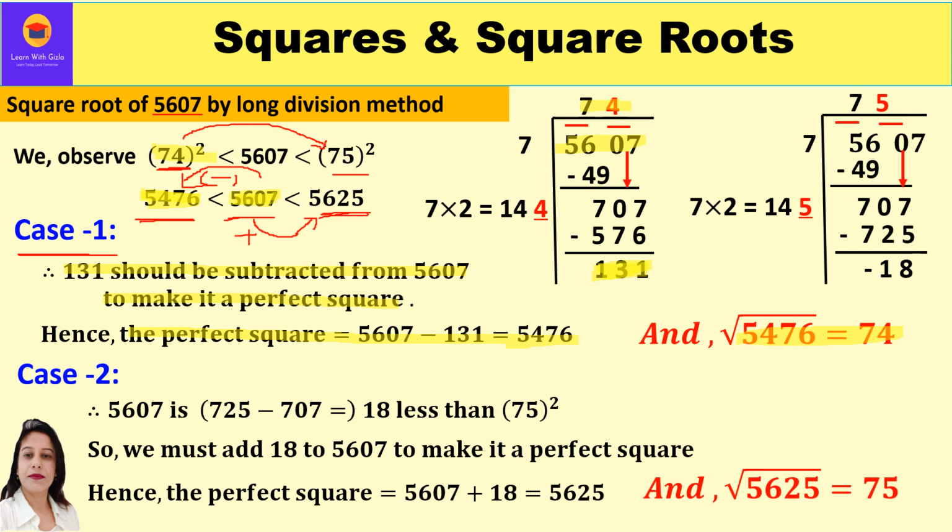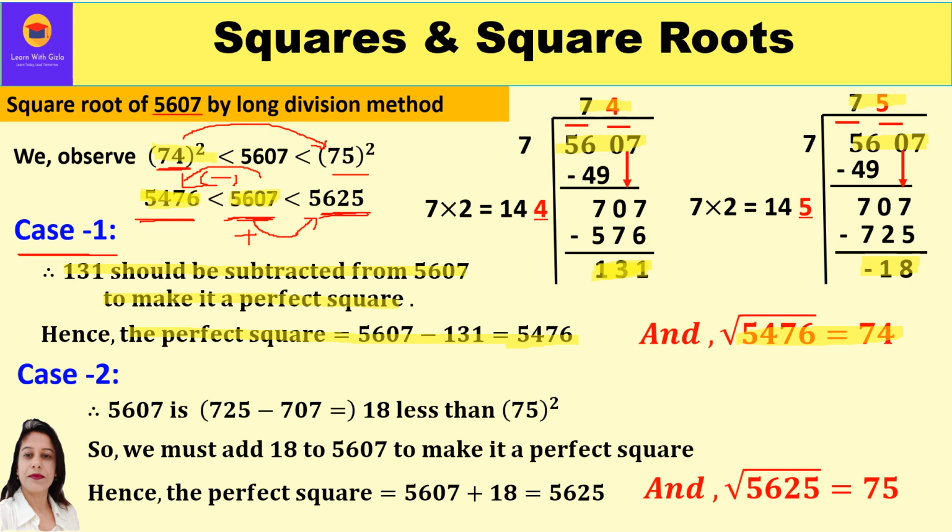That means to get 5625, we have to add something to 5607. Now what is that something that we should add? How much extra do we require? For that we will again do the long division process. But over here, instead of 74, we will take 75, right? And we will get minus 18.